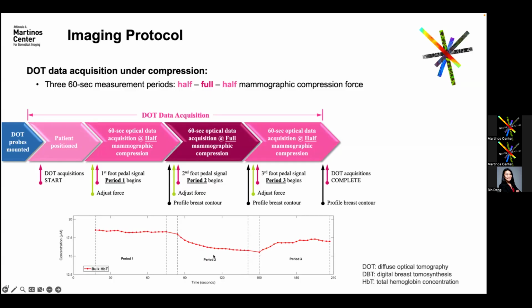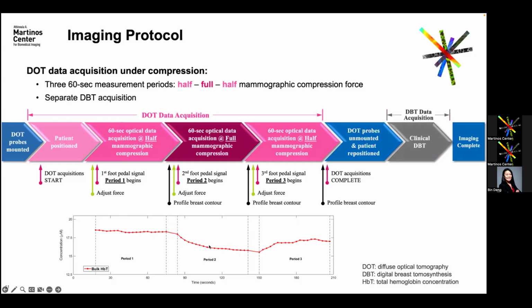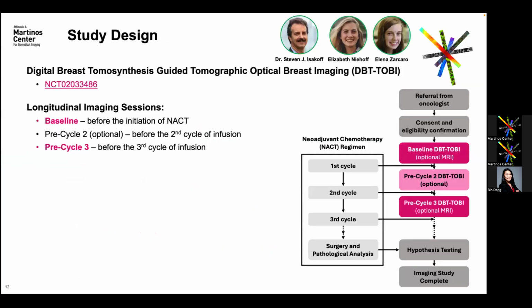In this study, we'll look at the hemoglobin concentration within each individual compression period, but also explore the dynamic changes, like how the tumor responds to the compression across different compression periods. After the optical imaging is done, we'll acquire a separate DBT measurement to give us the structural guidance of the breast geometry.